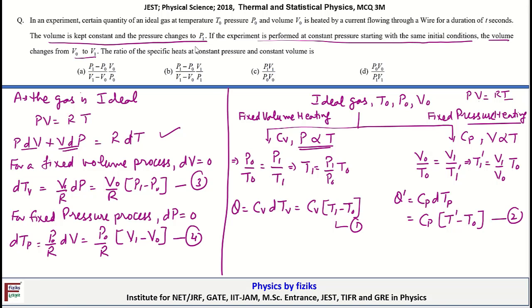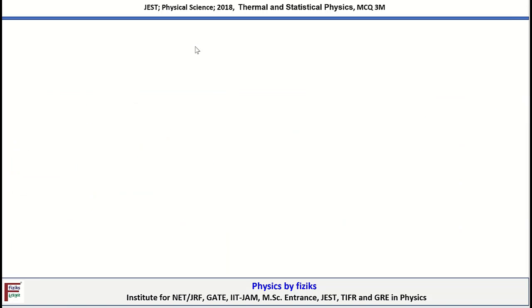Now, this is an important point to note here: the same current flows through the system for the same time.